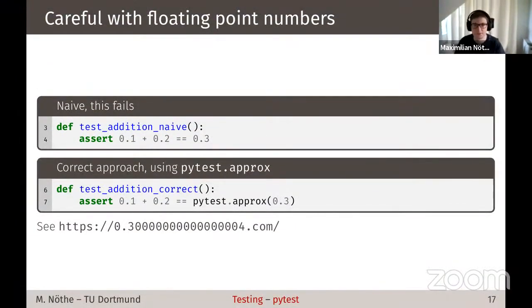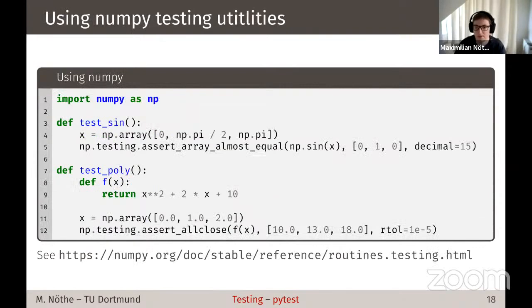This works nice for Python floats and for Python single numbers, but we also often have to deal with large NumPy arrays and with many numbers at the same time. And thankfully, NumPy has also testing functionality to help us compare many values at the same time. So we can now have this array of x values and can test that, for example, if we apply the NumPy sine to it, we get the expected values.